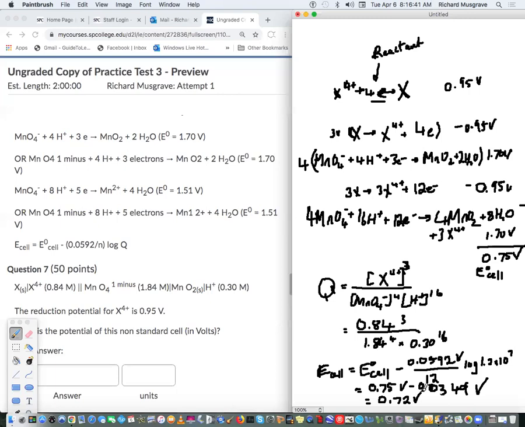And the reason I put divide there is because it's on the bottom, and I just multiply everything across the top and divide everything that's on the bottom. So you do the divided by before the MnO4 value, you're saying? No, I did 0.84 cubed divided by 1.84 to the fourth, and then divided by 0.3 to the 16.